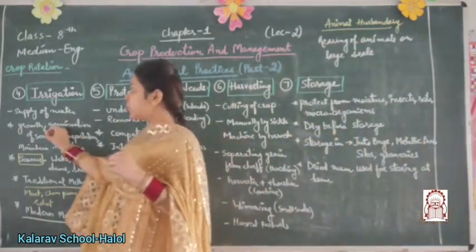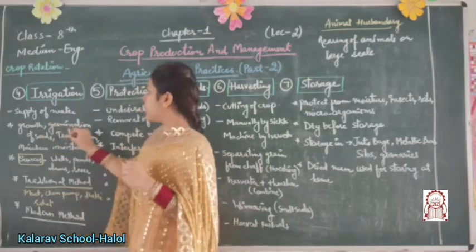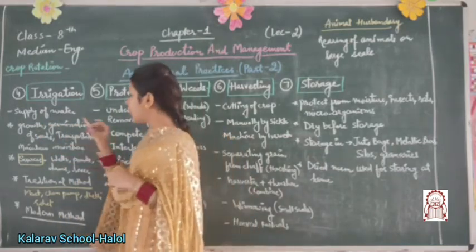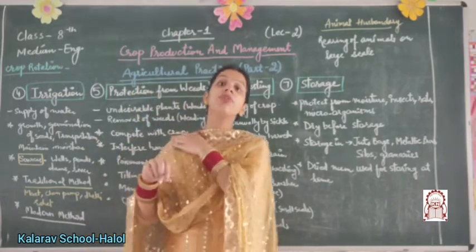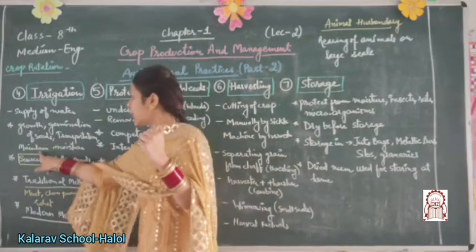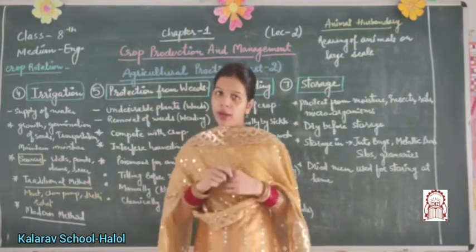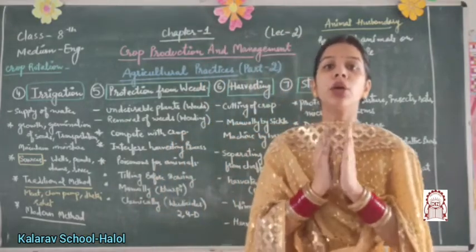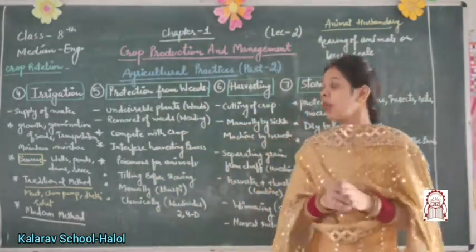Number 1, growth of the crop. Number 2, the germination of seeds. Number 3, the transportation of nutrients to all parts of the plant, and it maintains the moisture of the soil. So in this way, water helps the crop to grow.